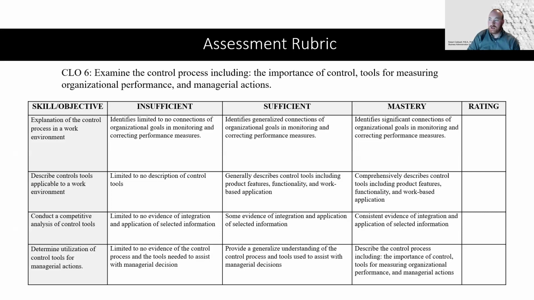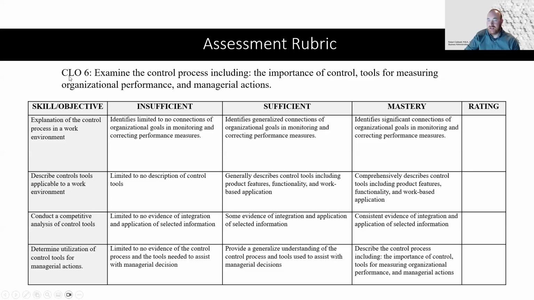As part of our 2023 last summer's assessment academy, we decided to examine the Management 2100 course, and we really wanted to focus on course level assessment. In this Management 2100 course, there are 6 course level objectives.